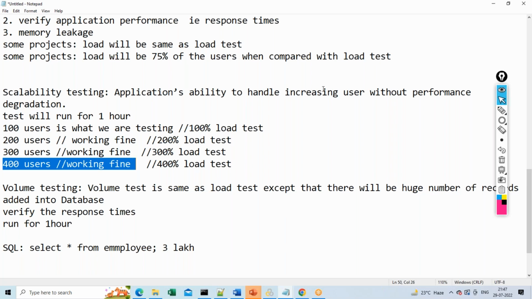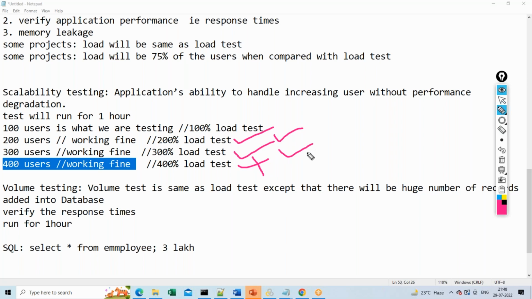Now, if you run 400 users directly, you cannot tell. If the 400 users test is working fine, that's well and good, no issues in that case. But for some reason, if this test is not successful, then you will not be in a position to tell whether it can withstand this load or this load.